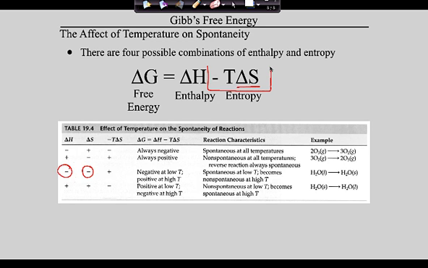Cool it down. Get it? If we decrease the temperature, then the value for that term decreases. And if we can decrease the value of this term enough that it is no longer offsetting the enthalpy term, which is good, the reaction will be spontaneous.